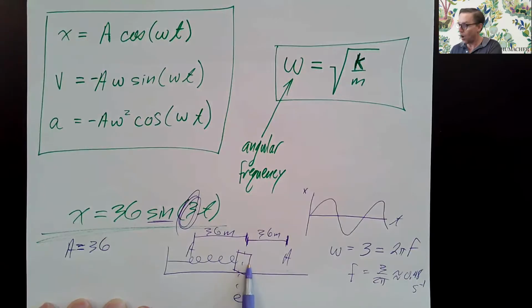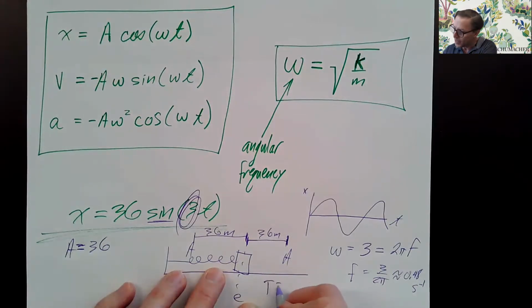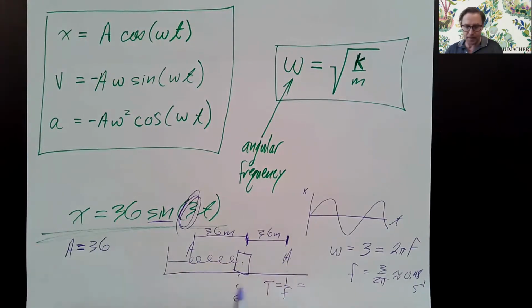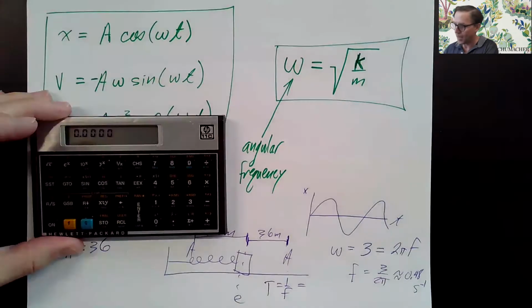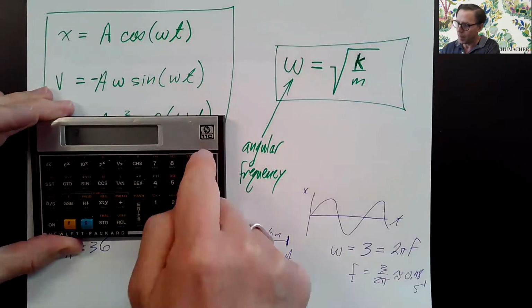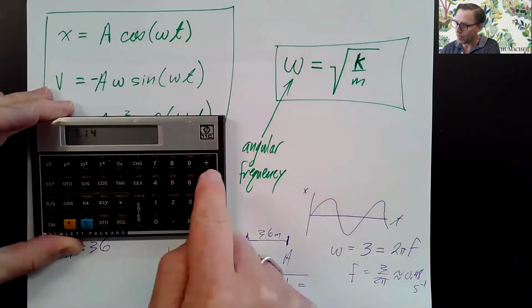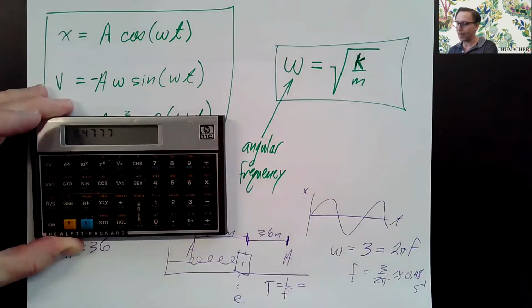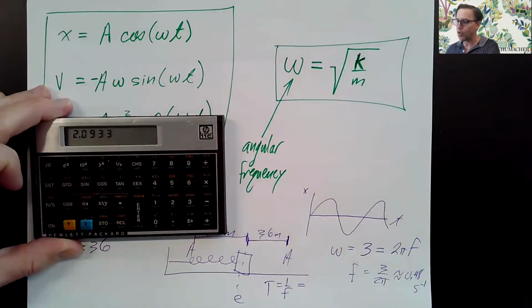So it takes 0.48, almost half in a second, almost half again in a second. So it takes a little more than 2 seconds to go all the way, because remember, the period is 1 over the frequency. So I had 3 divided by 2 divided by 3.14, and then I'm going to take the reciprocal of that, 2.09.